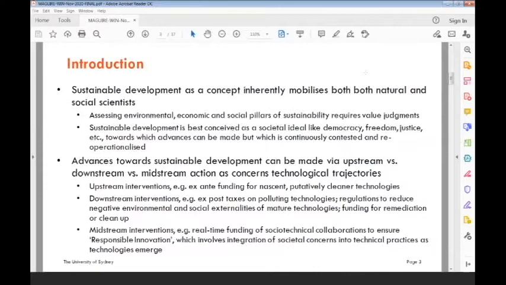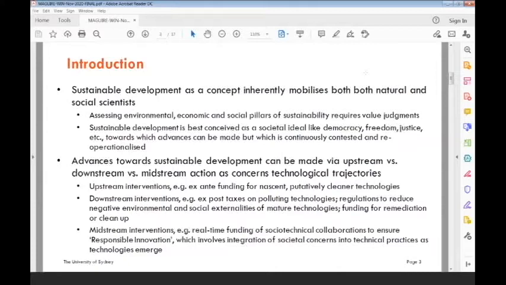In addition, definitions of clean can evolve. If you think about the world of chemicals, only in the past 30 years has the hazard endpoint of endocrine disruption come into existence. So there's often a need for downstream interventions, which might include taxes on polluting technologies, regulations to reduce these negative impacts, or funding for remediation.